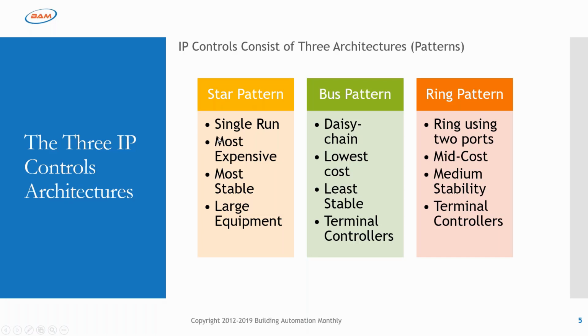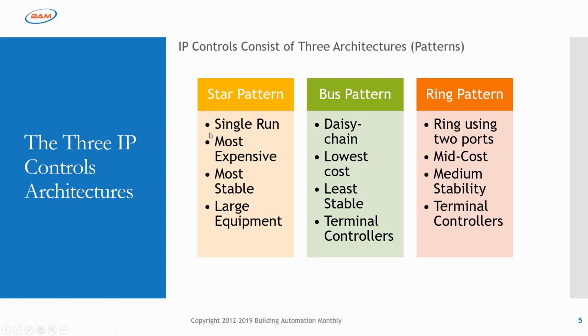Now, this is the most expensive pattern for 2 reasons. One, you're going to have to utilize a port per device. Depending on what kind of switching hardware you're utilizing, you could be spending anywhere from $2,000 to $10,000 a switch cost.